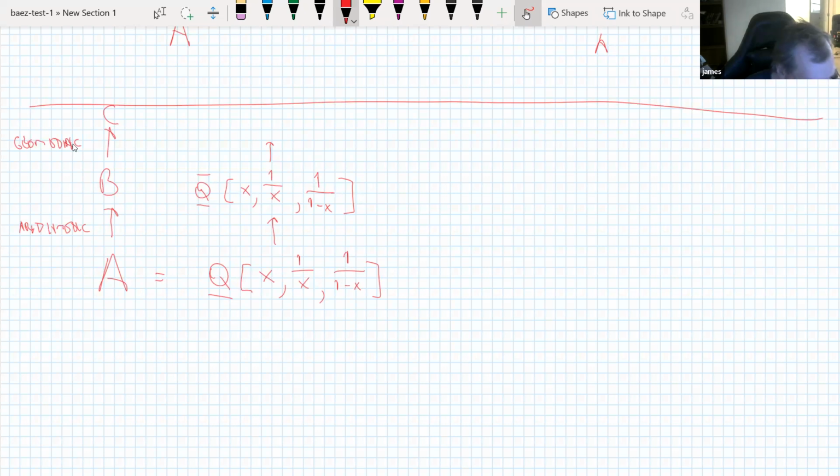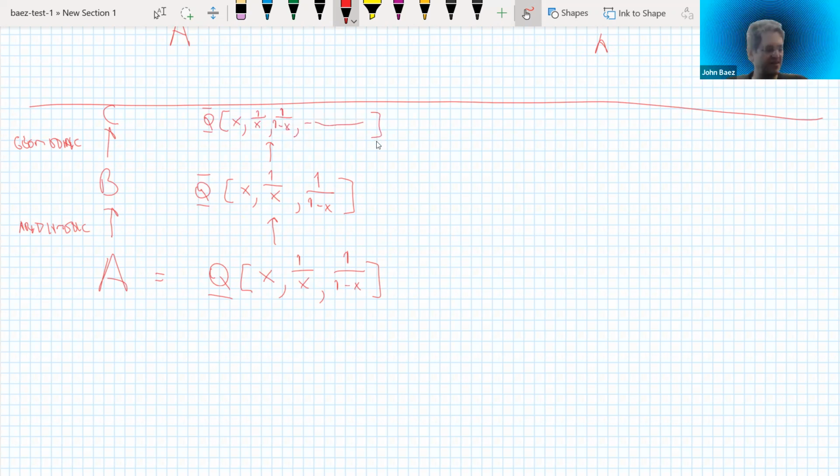So it's going to be something like Q bar adjoin X and 1 over X and 1 over 1 minus X, but then a whole bunch of other stuff. For example, square root of X, cube root of X. Basically anything you can think of to put in there.